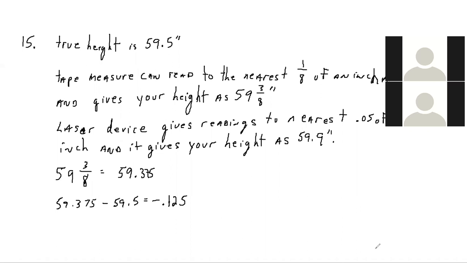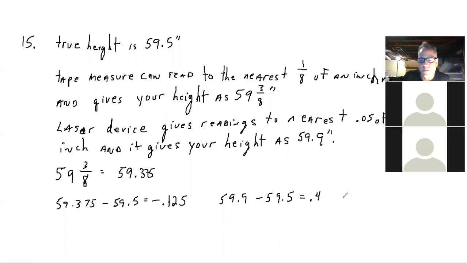Now, if I do the laser device, that was 59.9 minus 59.5, your measured minus your true, which is going to come out to 0.4. Here's where you can really see that term absolute.